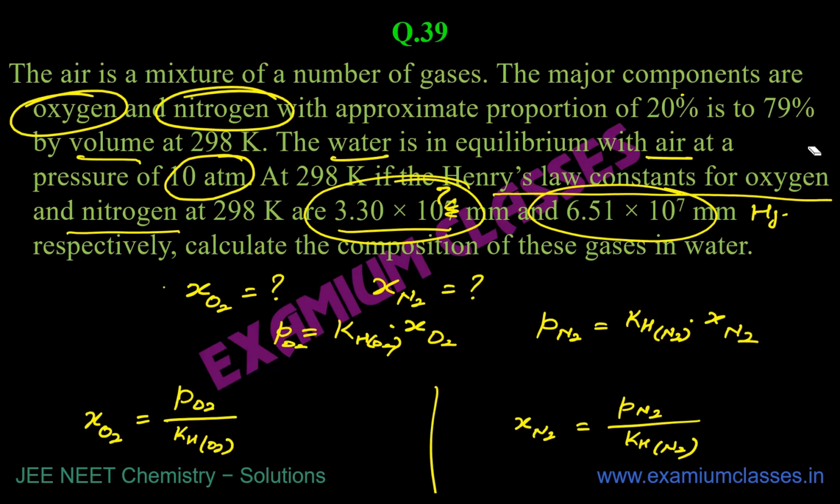Why? Because you know that P1 is equal to P total into Y, because we are talking about the vapor phase. So we will be writing like this. P total is given as 10 atm.